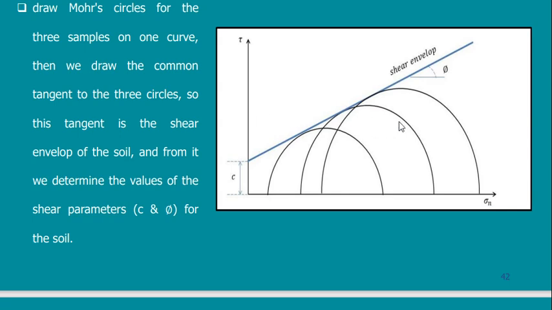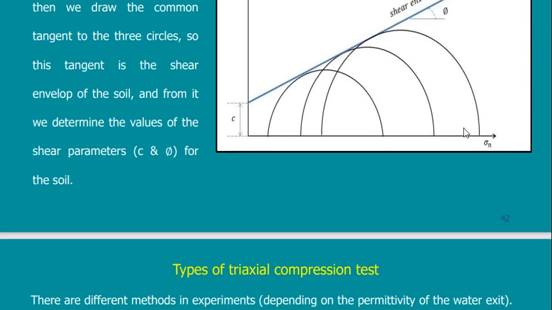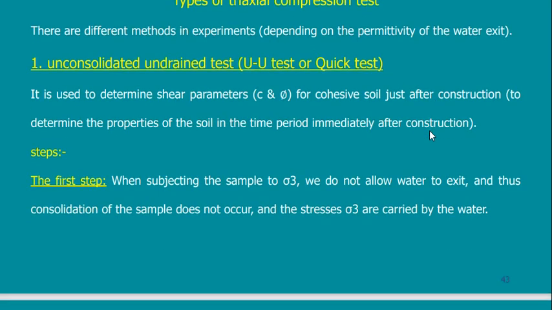If I have a horizontal line, it means that phi, the angle of internal friction, is equal to 0. In this case, any circle you draw will be similar to the other one, but even in this case, I will have different values for sigma 1 and different values for sigma 3. We'll discuss these different shapes later.